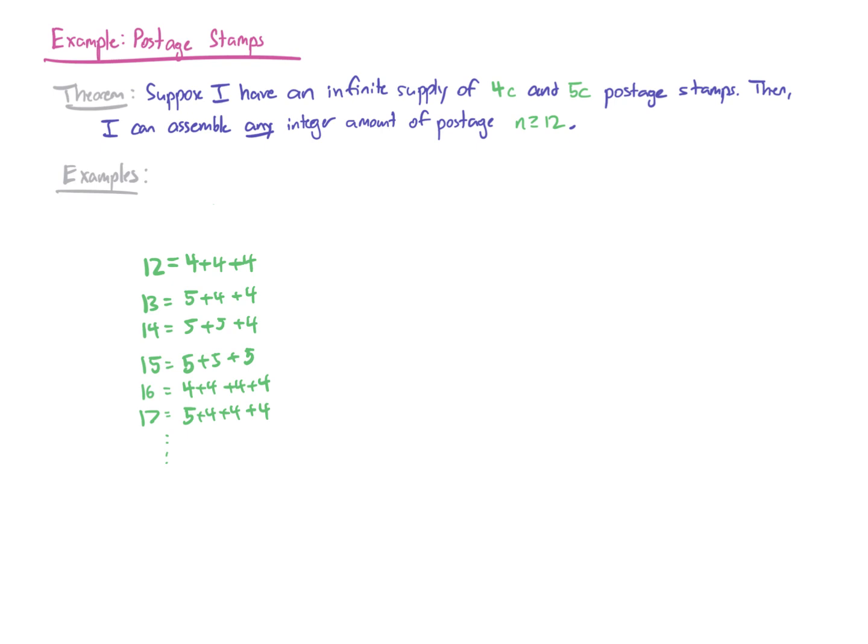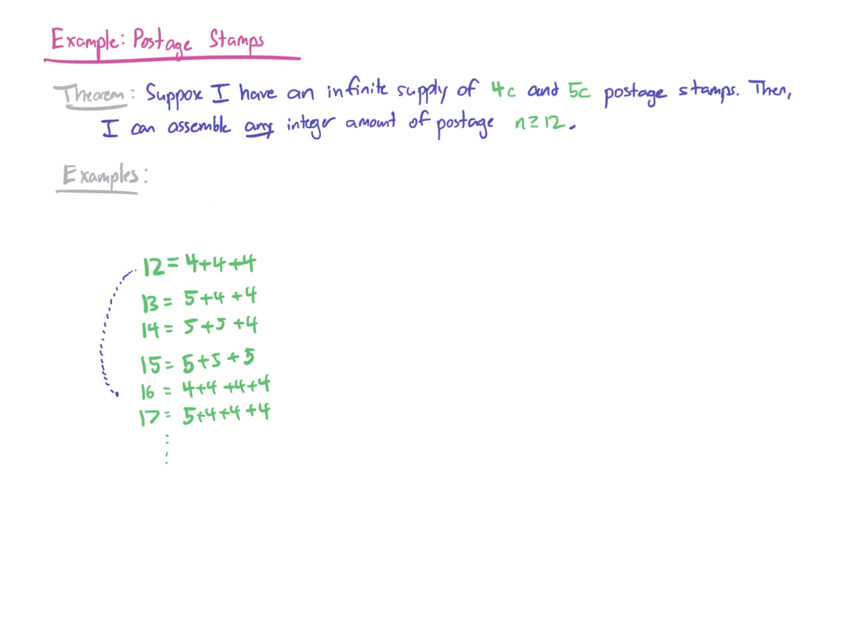Here, for example, there's a useful pattern to notice, which is that if I look at 16, 4 plus 4 plus 4 plus 4, that's actually just the pattern for 12 with another 4 added.